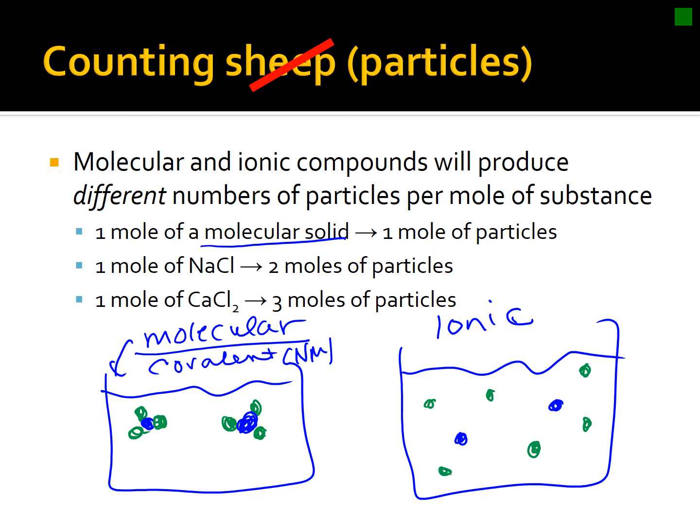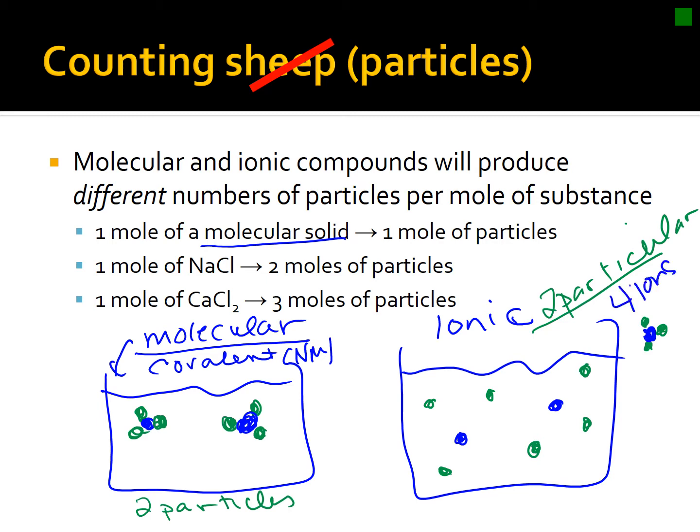So if I put in, let's say, 2 particles for molecular, I would end up with 2 particles, and that's it. If I put in 2 compounds' worth for ionic, what happens is that this guy, who started off looking the exact same as the molecular, will actually separate into 4 ions or components.